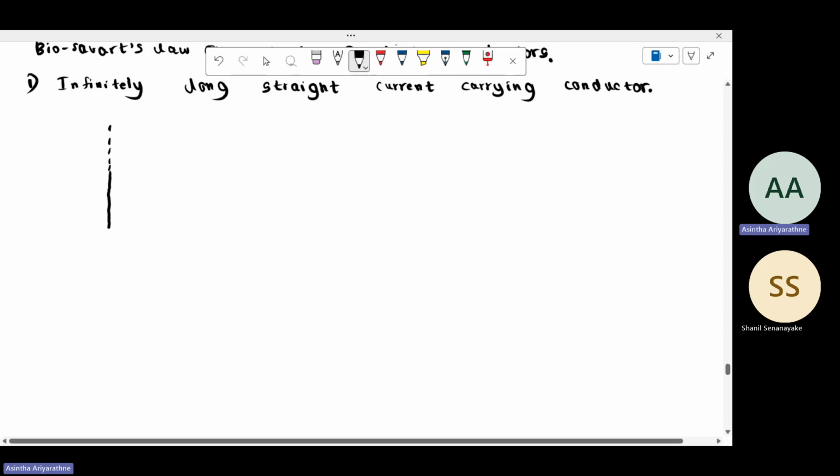This dashed line represents it is infinitely long. No end.